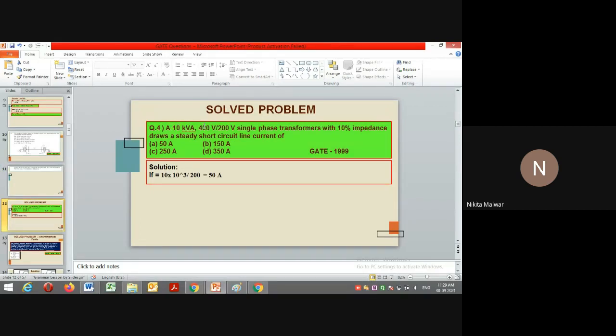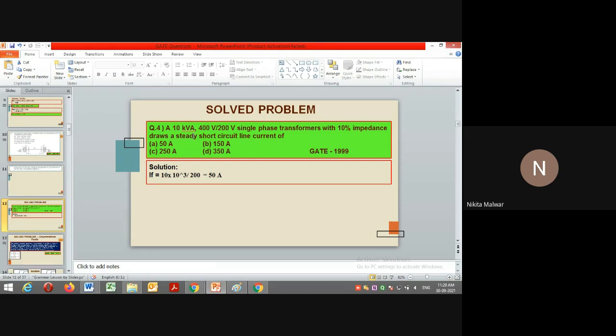A 10 kVA, 400 volt by 200 volt single phase transformer with 10% impedance draws a steady short circuit line current of. So you have to find the steady short circuit line current, that means IF.